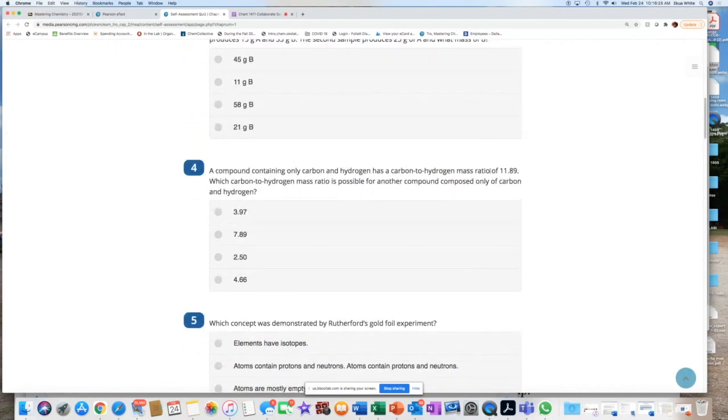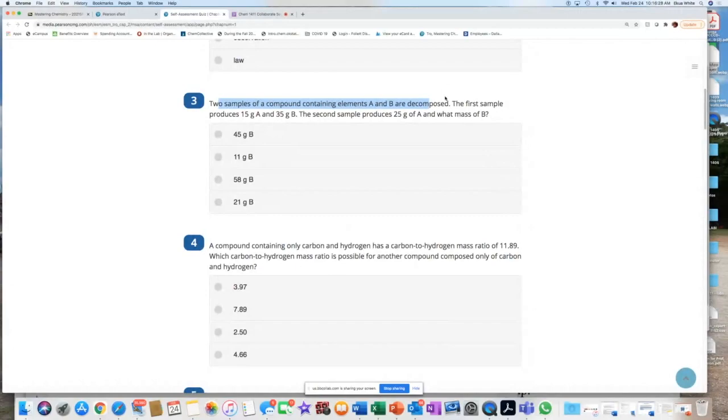Because this actually uses the term mass ratio. This one doesn't. So you have a compound containing carbon and hydrogen only that has a carbon to hydrogen mass ratio of 11.89. Which carbon to hydrogen mass ratio is possible for another compound composed of only carbon and hydrogen?